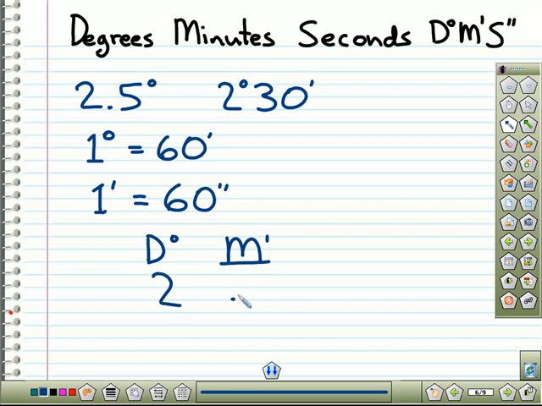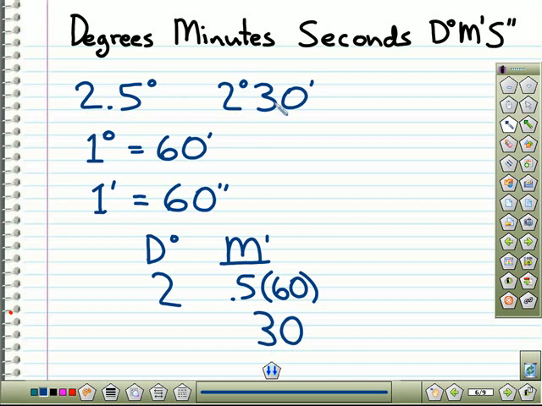We're looking for half of it. So I take half of the 60, right? In other words, I just multiply 0.5 times 60, and that would be 30. So we have that 2.5 degrees is equal to 2 degrees and 30 minutes. Everybody understand that?